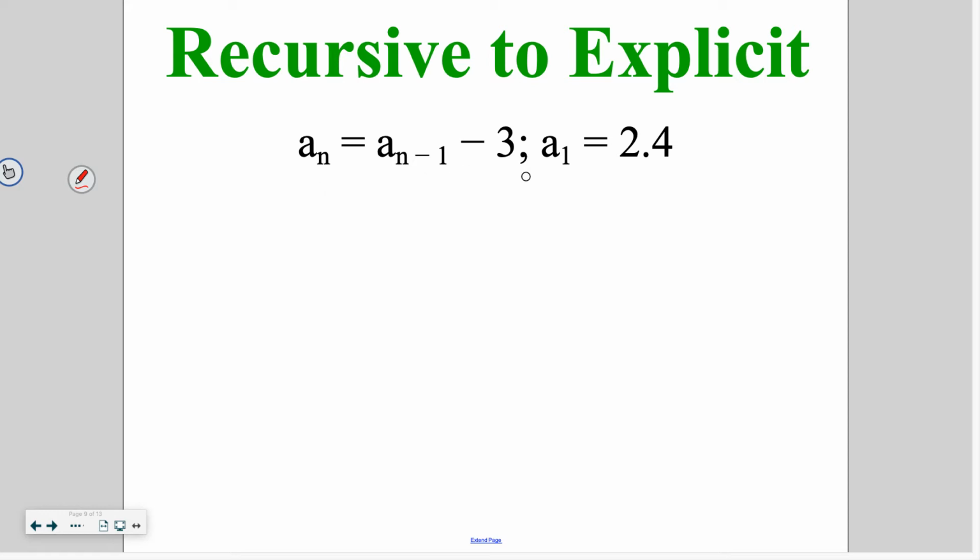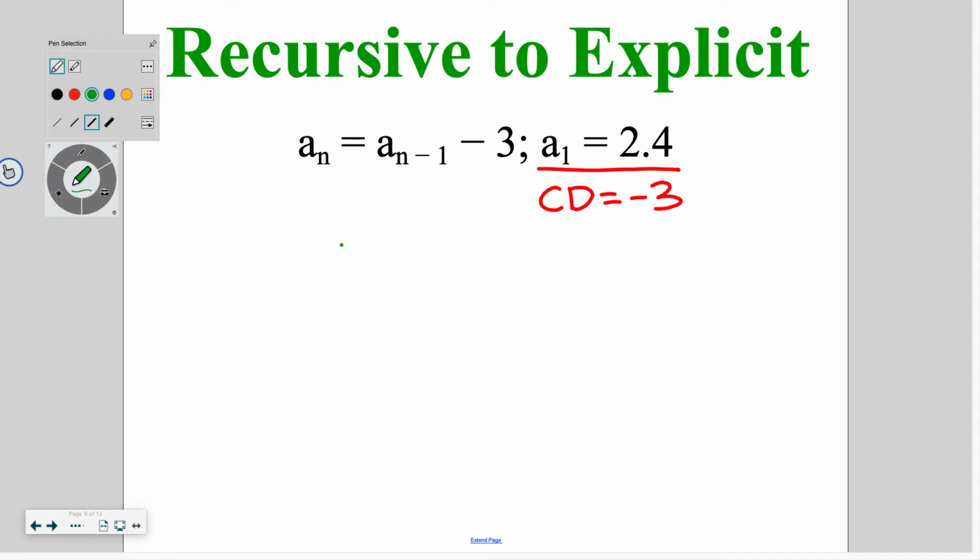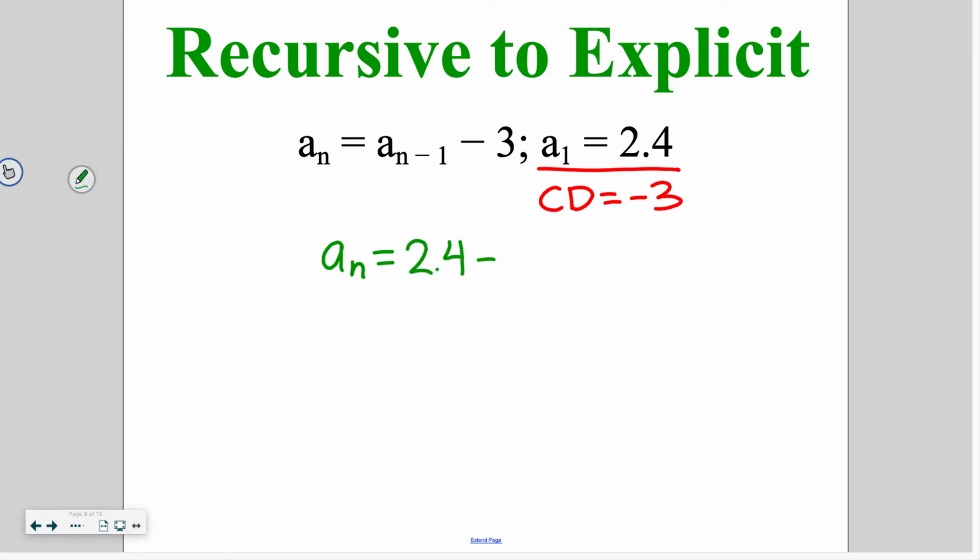So this one gives me the recursive formula, a_n equals a_(n-1) minus 3 with my first term of 2.4. So we're trying to go from the recursive to the explicit. So what we need is that first term and our common difference, which is negative 3. So now I can plug it into the explicit formula and say a_n is equal to my starting number, 2.4, plus my common difference, which is negative 3, times (n minus 1).